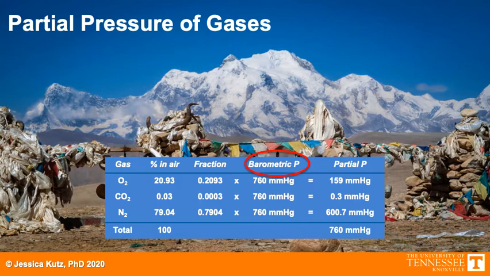And you might be wondering, well, why is that important? Well, it's important because when we go to calculate the partial pressures of gases, we take into account the barometric pressure. So we know that in Earth's air, we have roughly 20.93% oxygen, 0.03% carbon dioxide, and 79% nitrogen.